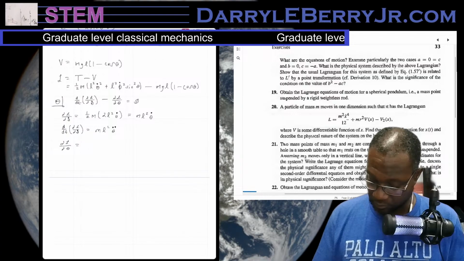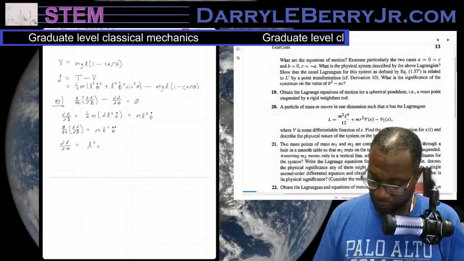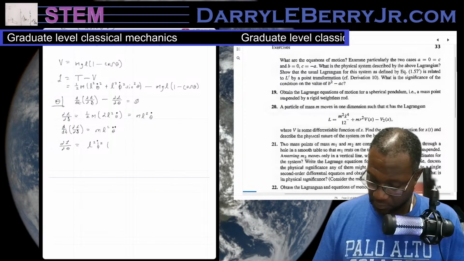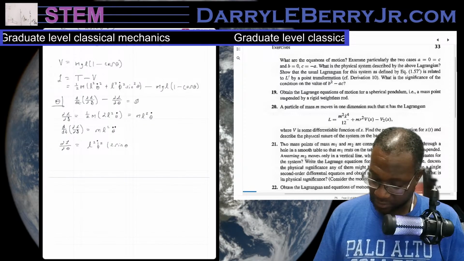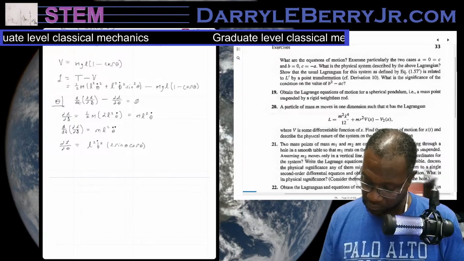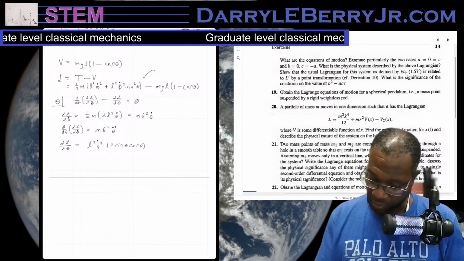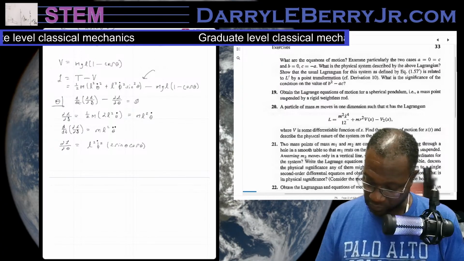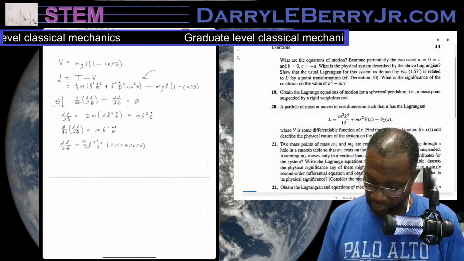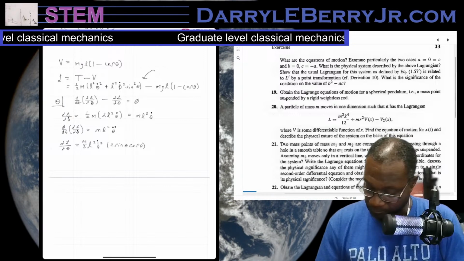It equals L squared phi dot squared times 2 sine theta cosine theta, using the chain rule on this part. Oh, and I still have to do 1/2 m; the 1/2 m will distribute to the whole thing.